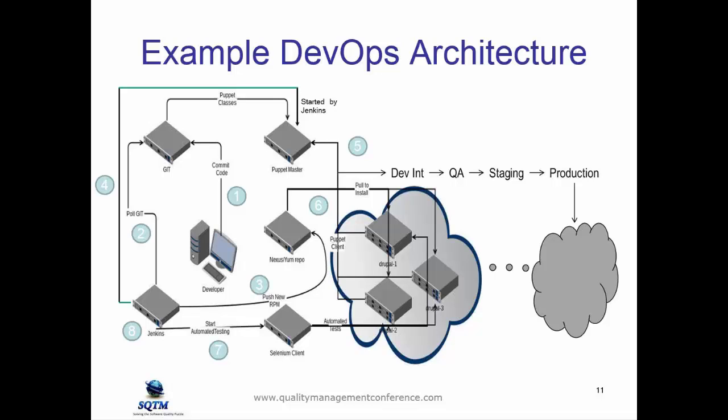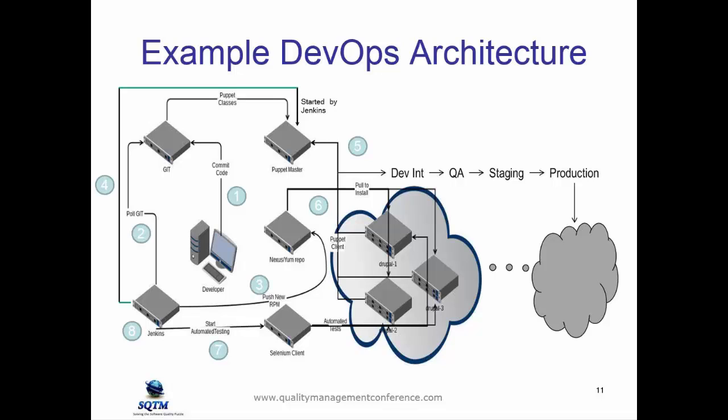Now, step 7, then Jenkins fires up and starts, in this case Selenium, to then run some tests associated with that environment and the application that's been set up to do whatever we've determined needs to be done from a testing perspective on this particular environment that we have. And the results of that testing come back to our continuous integration server, Jenkins, number 8, so we can see if those tests passed.